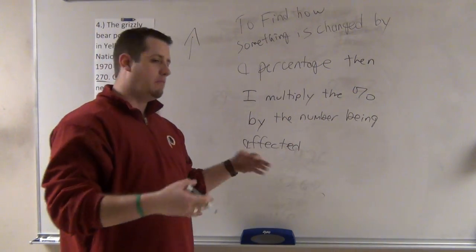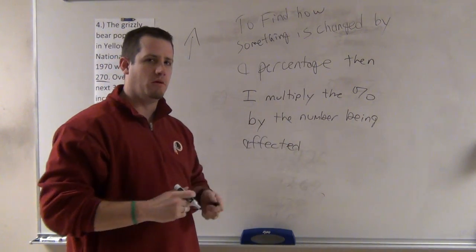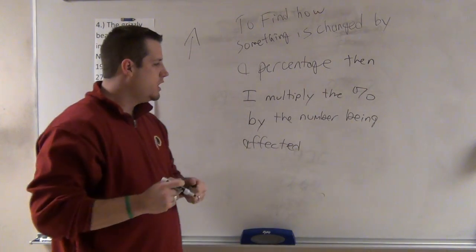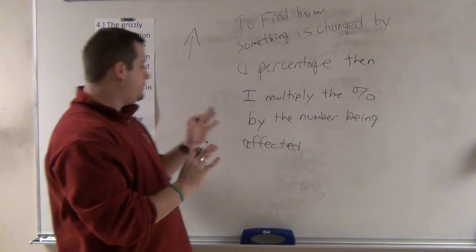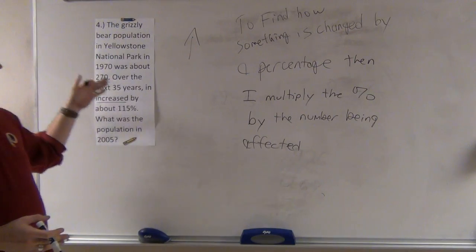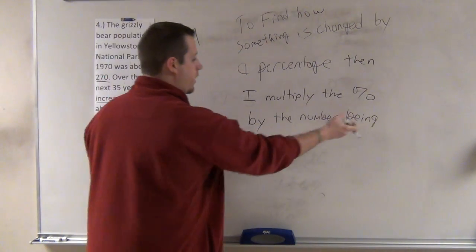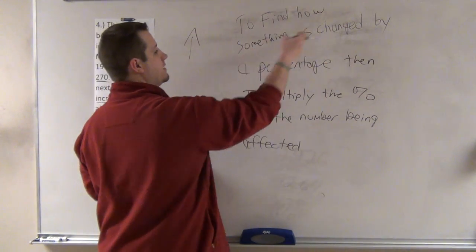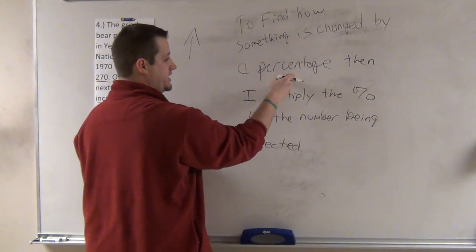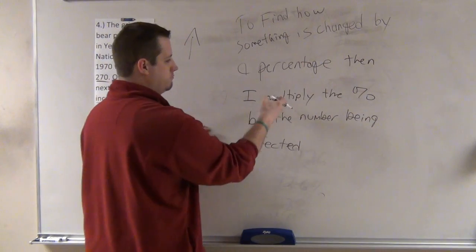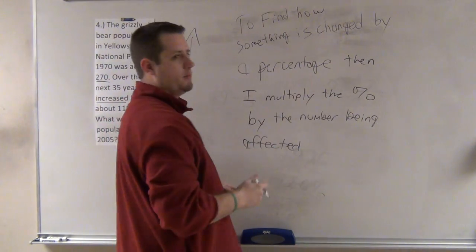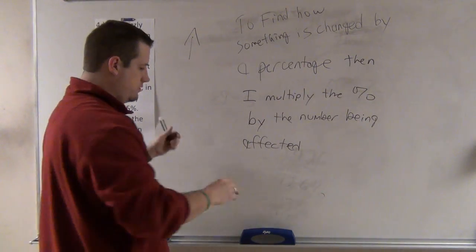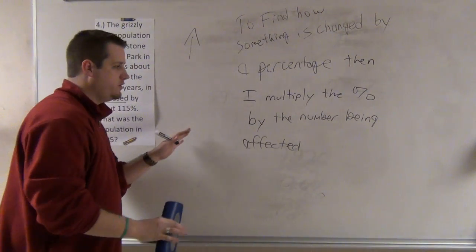Maybe a subtraction, addition, possibly a multiplication, maybe even a division. But every once in a while it can be given to you like it is here. Anyway, if I want to find out how something is being changed by a percentage, all I've got to do is multiply the percent by the number being affected. Not really difficult. Make sure you've got that.